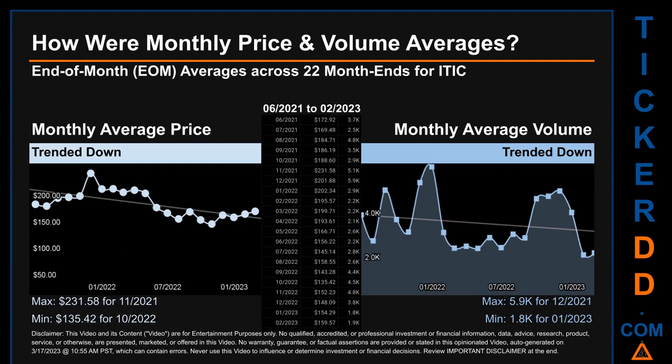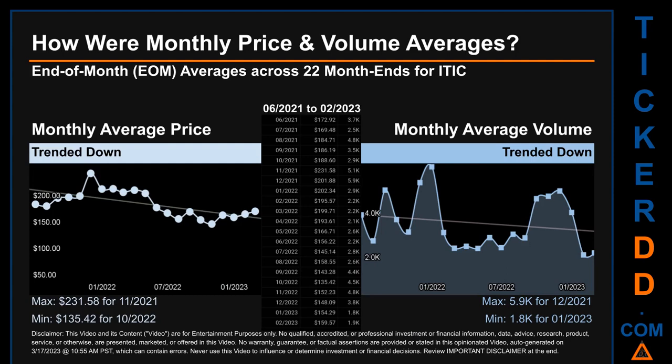How were price and volume averages for ITIC? Across 446 trading days, there were a total of 22 month ends, of which monthly averages for daily price and volume were calculated. Overall, monthly price average trended down while monthly volume average trended down.